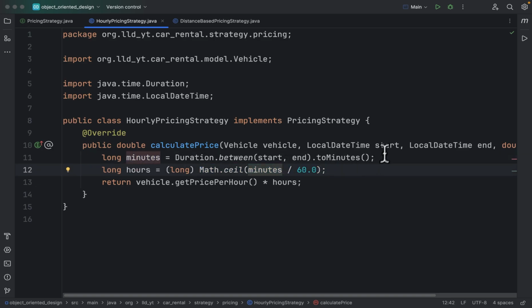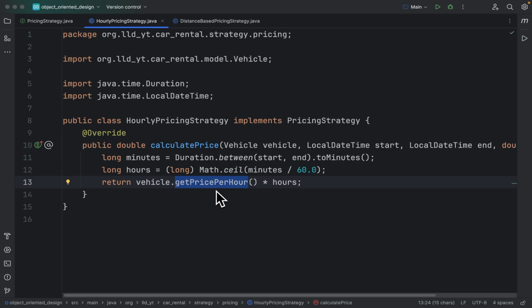So for example, if I book the car for 43 minutes, then also I will be charged for 1 hour, that is 60 minutes. Once I calculate the total number of hours for which this vehicle was booked, I multiply the total number of hours by the price per hour of that vehicle.